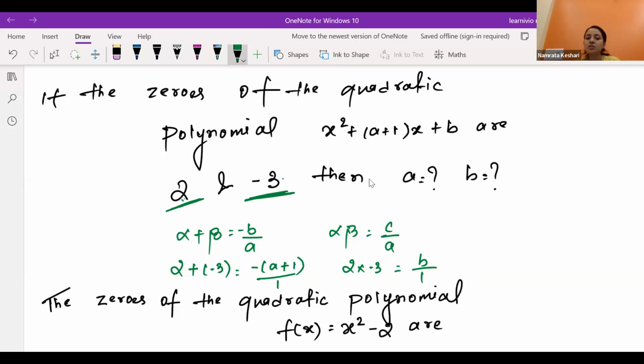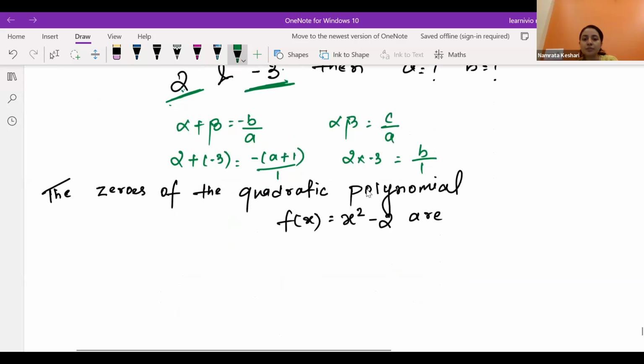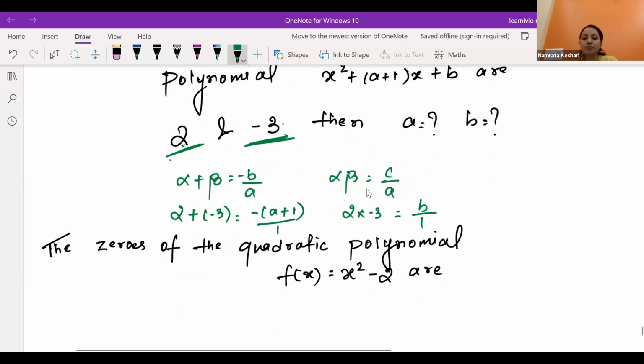Sum of the roots means just the addition of these two, and that is equal to minus b by a from the polynomial. And product of the roots is just the multiplication of these roots, taking the data from the polynomial. Okay, are you getting it? Will you be able to find a, ma'am, and b?